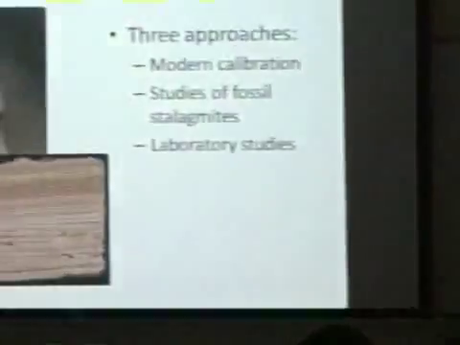A second approach is studying the seasonal changes in the stalagmites. And then a third is actually laboratory studies, which I don't think I'll have time to talk about, which is actually growing calcite in the lab under controlled conditions to investigate the effects of things like temperature, CO2, degassing rates, etc., drip rate on speleothem calcite geochemistry.